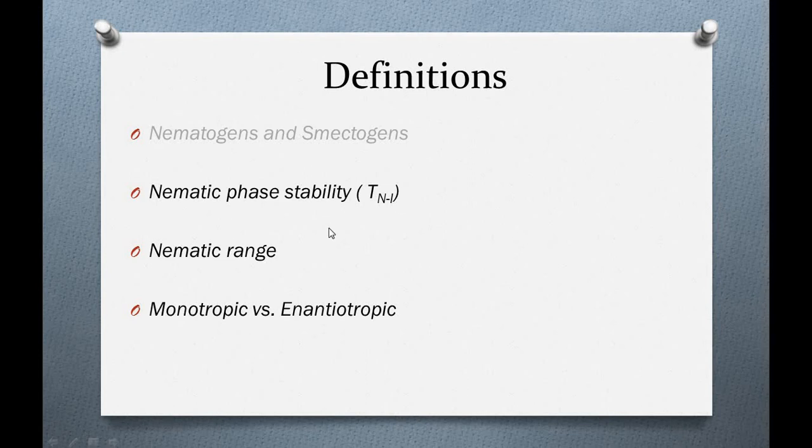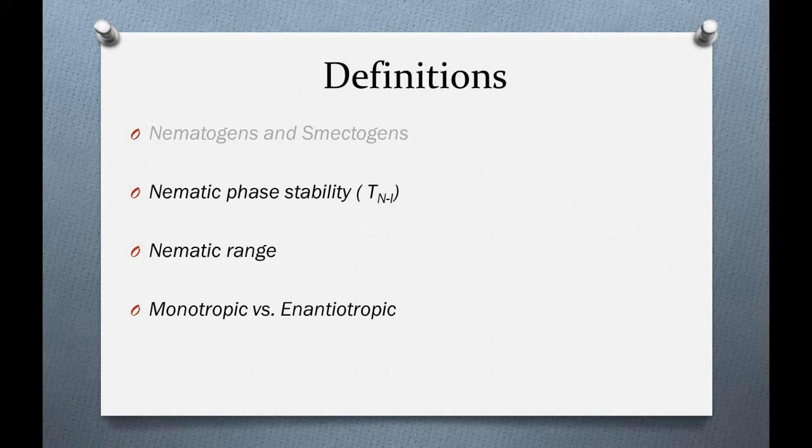That is the temperature up to which the nematic phase exists. And the term nematic range means the temperature range over which the nematic phase exists. So this is just the highest temperature up to which you can have nematic phase, and this is the range, the entire temperature range between which you can have these materials in nematic phase.